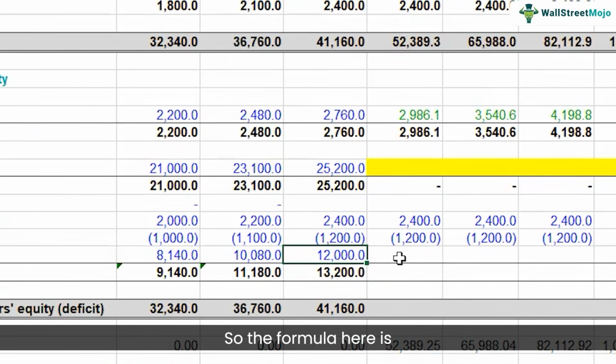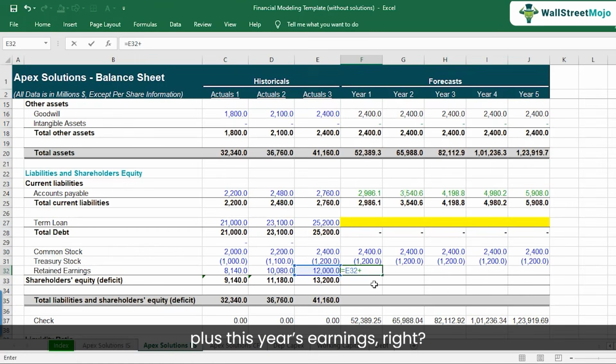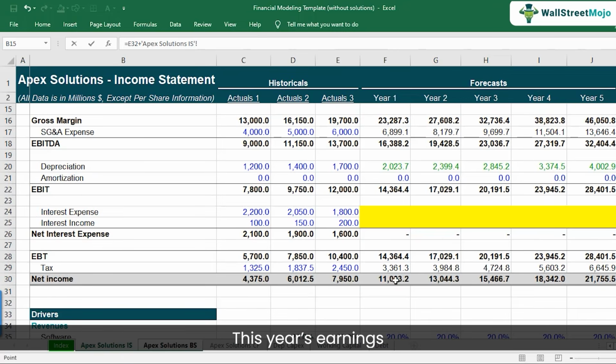Okay, so the formula here is previous year's retained earnings, the beginning balance, plus this year's earnings, right? This year's earnings, because net income is what belongs to the shareholders, this is the linkage, right? So previous year's retained earnings plus 11003.2, that's the net income.